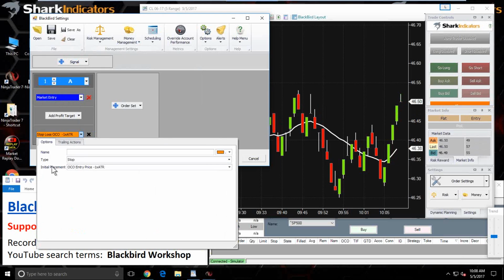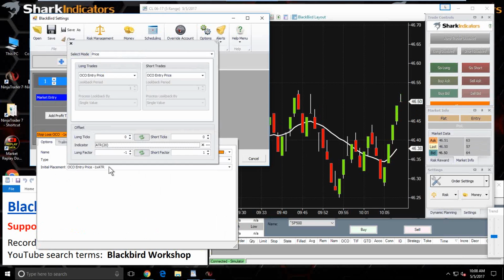And then if we open up the initial placement settings, there we go. We can see that quick list setting there, it's using the entry price of this market order, and then it's using the ATR with the 20 period, and here is the offset factor.